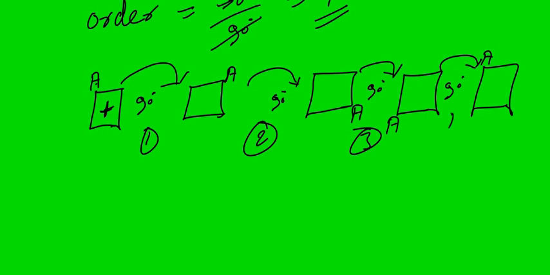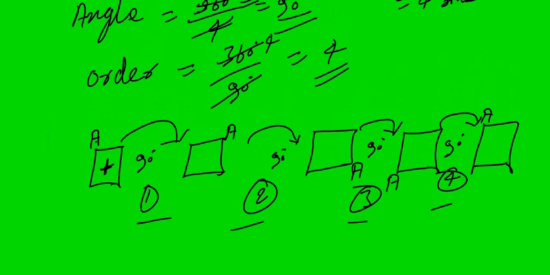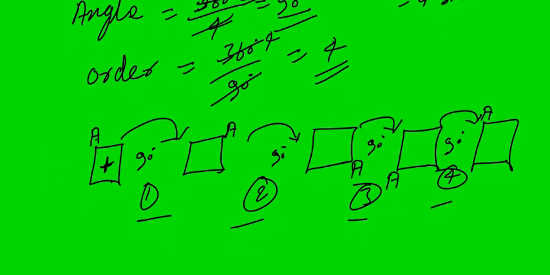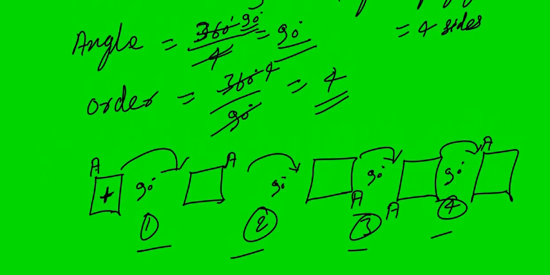So this rotation is clockwise rotation, and 90 degree rotation, that is the angle of rotation is 90 degrees. The shape will not be changed, only the place of A will be changed, the shape will be the same. So order of rotation is 1, 2, 3, 4. Either you have to use the formula or simply show it using the diagram.